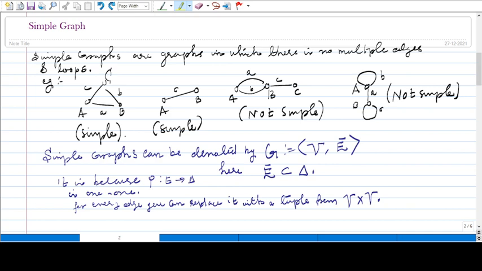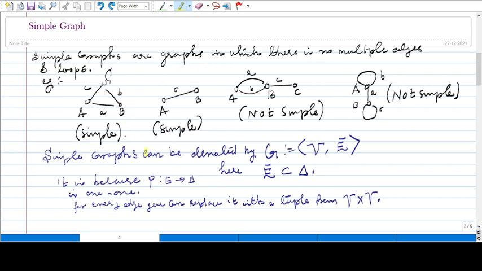So from E to delta it is a one to one function. Because it is one to one, instead of giving the label of the edge, you can give the pair, which is easily constructed from delta.